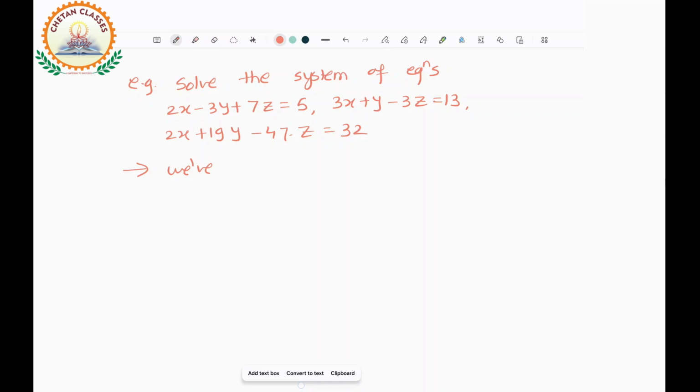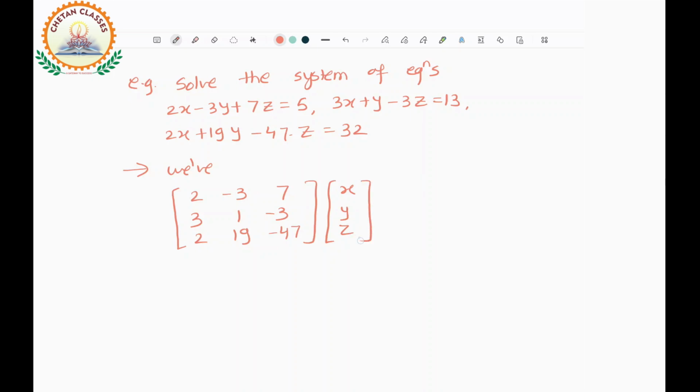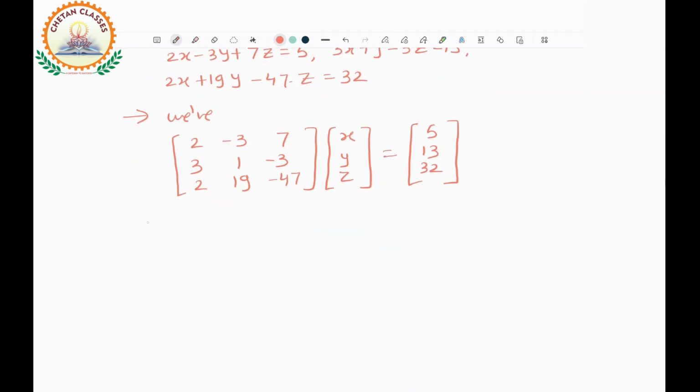Write this system in AX = B form. So our matrix A is [2 -3 7; 3 1 -3; 2 19 -47]. Matrix X is x, y, z, and matrix B is 5, 13 and 32. Now write the augmented matrix.